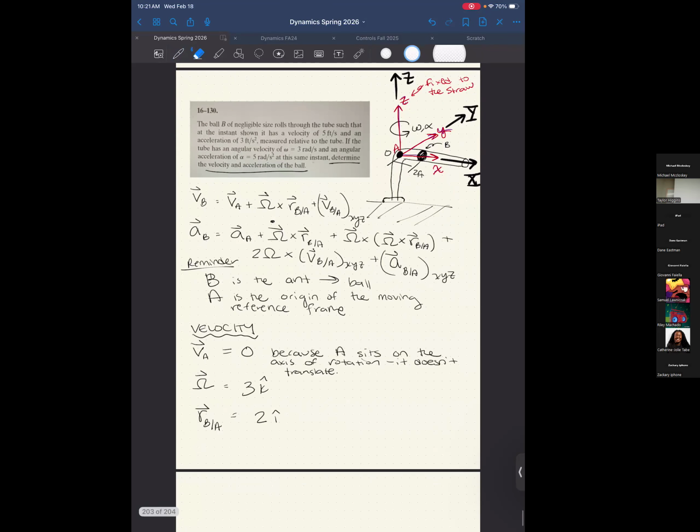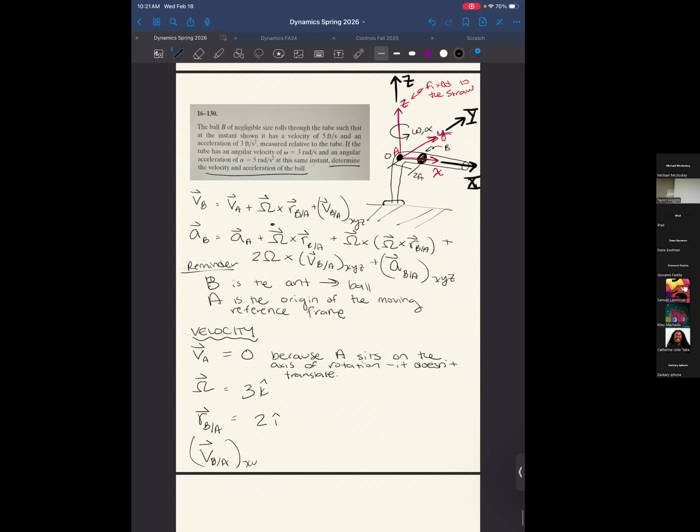Okay. All right. Then V B slash A, little x, little y, little z. What's this one? Yep, it looks like 5 feet per second, but in what direction? Okay, so let's go back to saying this in words.